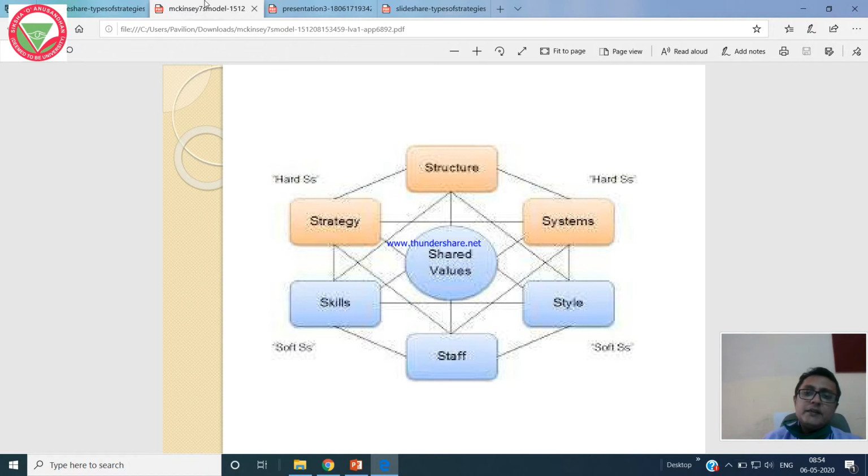Again, if you see this 7S diagram, there are two colors. One is light blue, one is cream or light orange.